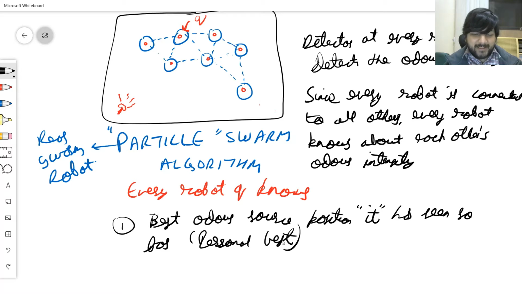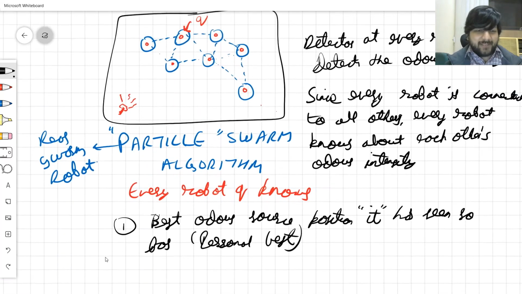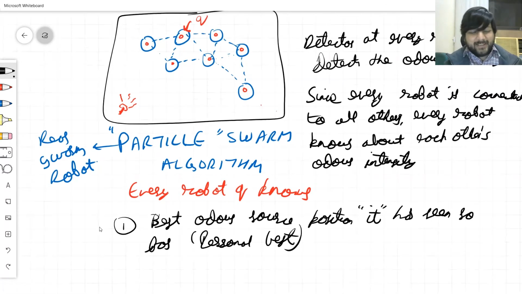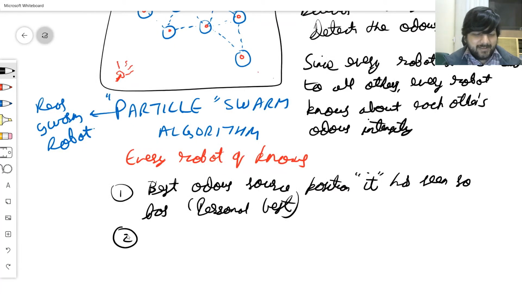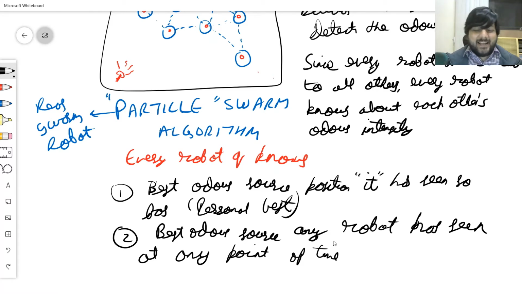Every robot has been searching for odor for quite a long time. Sometimes odor intensity would have increased, sometimes it would have decreased. So it knows where it got the best odor source. Number two, it knows the best odor source any robot has seen at any point of time. All the robots can talk to each other and say, this is the star robot, the one which has gone closest to the source, called the global best.